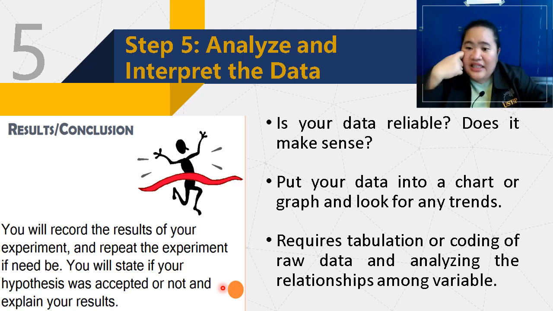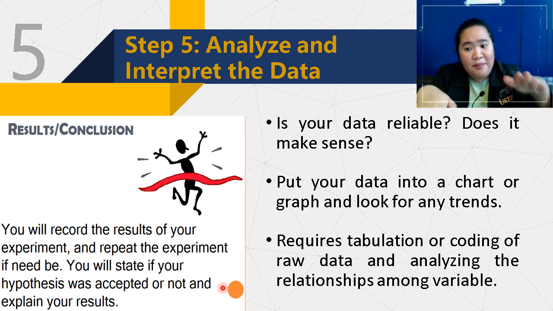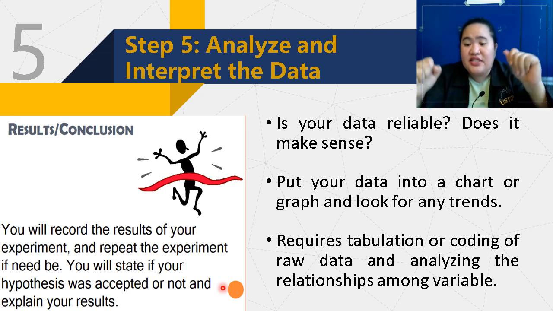For example, if no fish died at all, you are going to reject your hypothesis. So whether you accept or reject your hypothesis, you are going to provide explanations for your result.